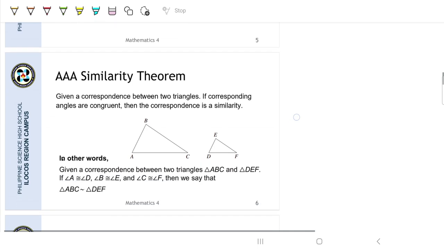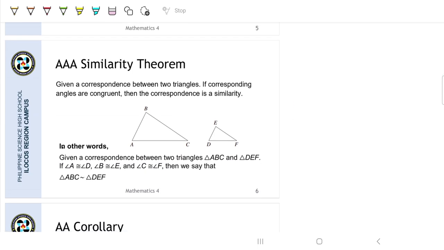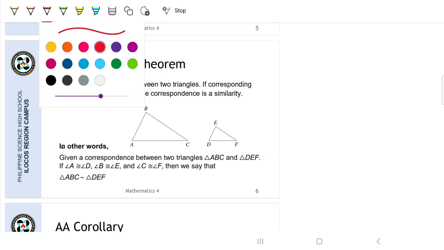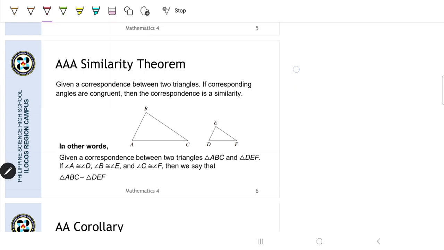We have the AAA similarity theorem. So we have here a correspondence between two triangles. We have here triangle ABC, which corresponds to triangle DEF. If the corresponding angles are congruent, then the correspondence is a similarity.